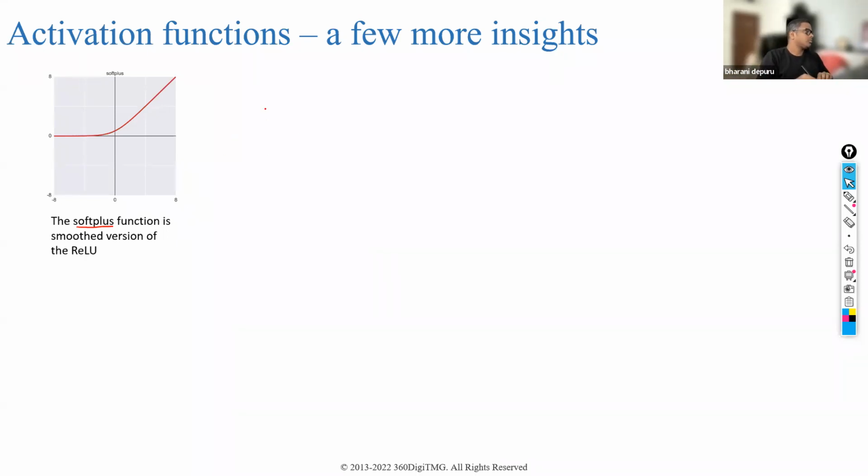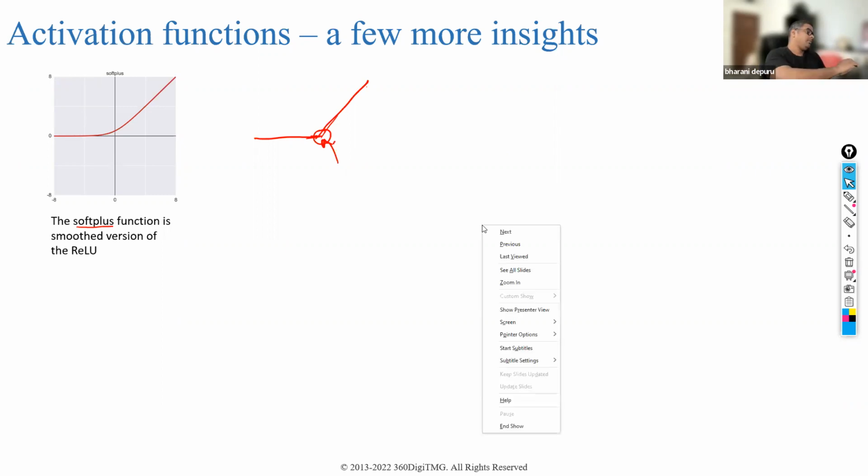Like ReLU, how was it? It was like this, the ReLU activation function. But wherever you have that sharp kink, there won't be any derivative. There won't be any slope. Derivative or slope or gradient all mean the same, right? You will not have anything. That is why you cannot find the derivative at this point.